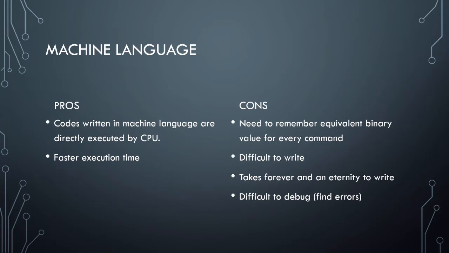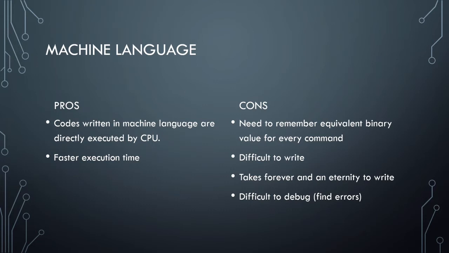The cons to this, though, if you'll remember that character chart just a second ago, is that when you're programming in machine language, that means you're going to have to become very familiar and essentially remember the equivalent binary values for every command, every character, and things like that. So this makes machine language very difficult to write, which means it takes forever to write.